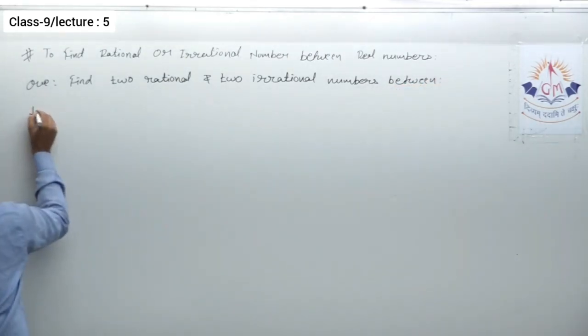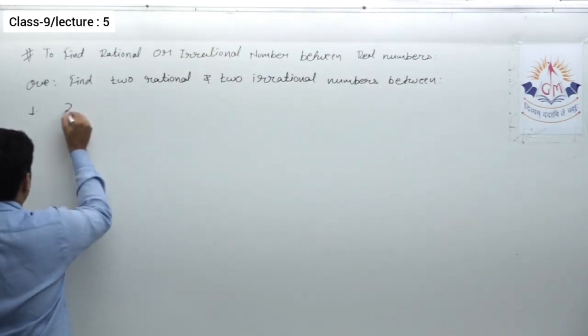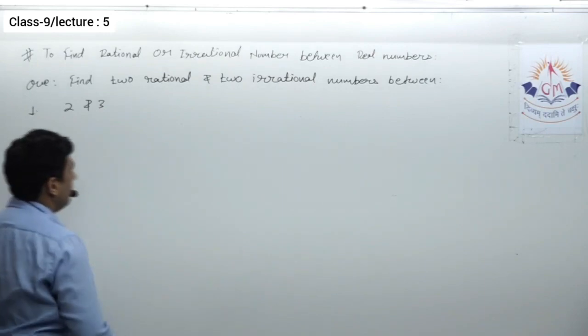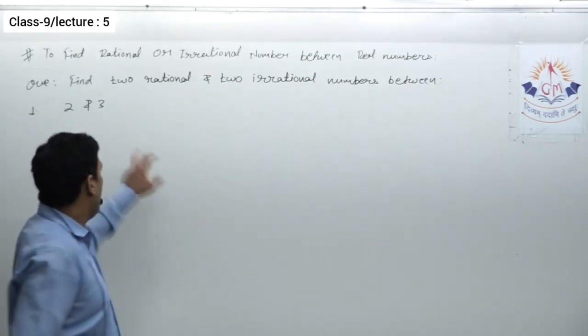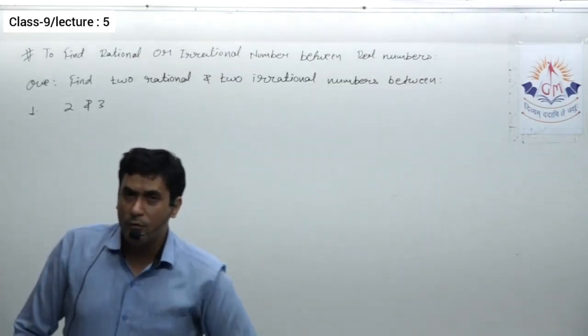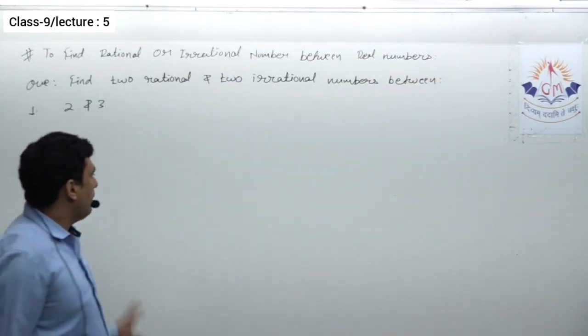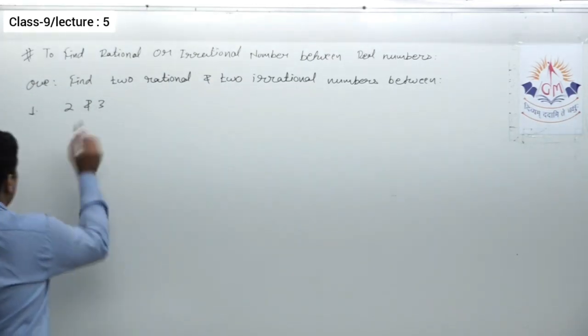So the very first one is between 2 and 3. In our earlier classes we saw how to find rational numbers. Over there I gave you two methods to find two rational numbers or infinite rational numbers between two numbers. So here we'll see in short.